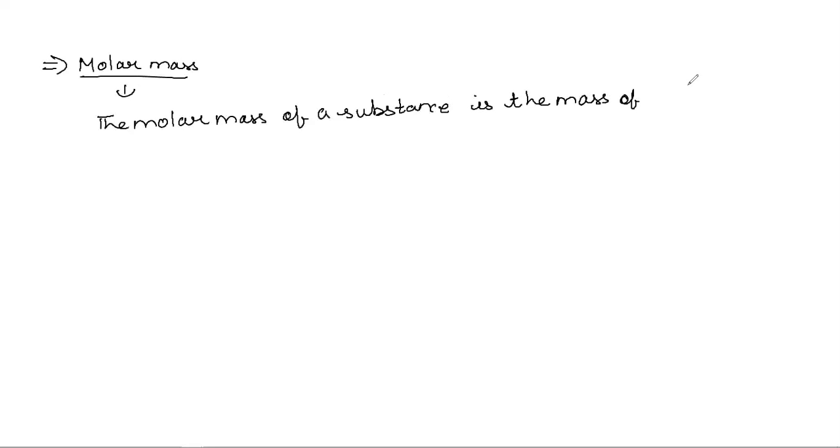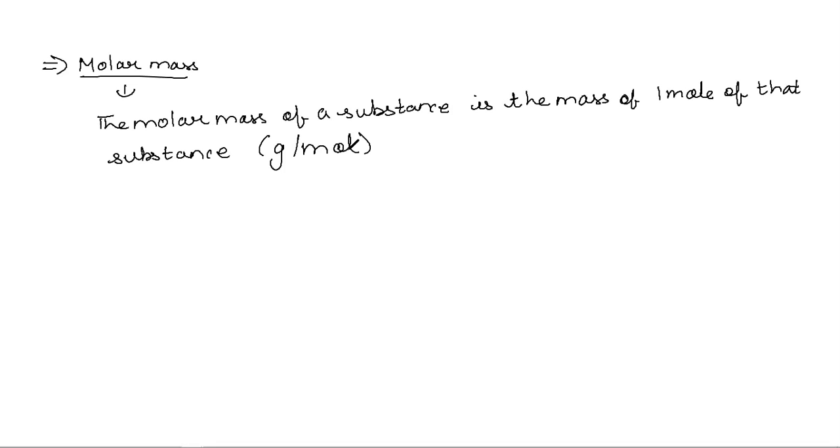The molar mass of a substance is the mass of 1 mole of that substance. 1 मोल में कितना सब्सटेंस मास में प्रेजेंट है उसे बोला जाता है मोलर मास. इन शॉर्ट उसको एक्सप्रेस करते हैं हम ग्राम पर मोल में.